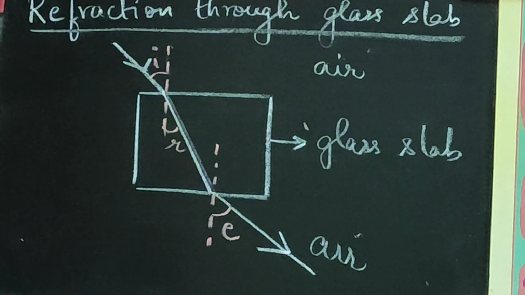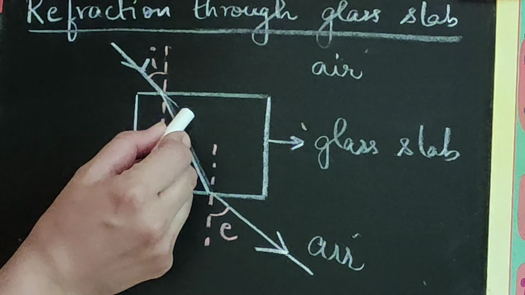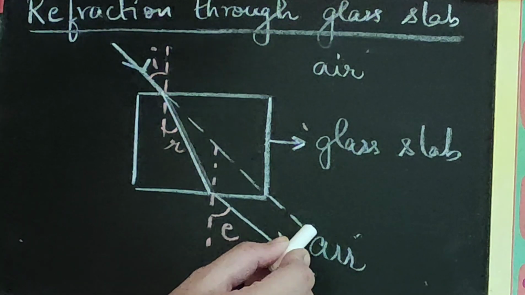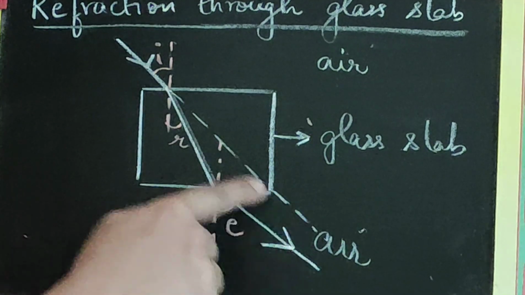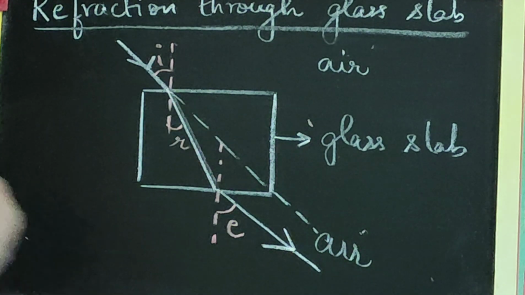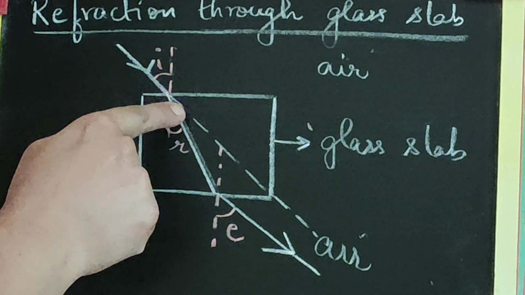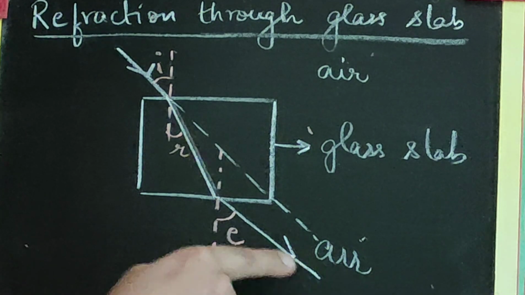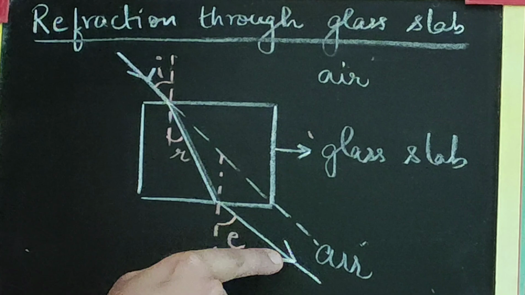Now looking at the ray diagram, we can clearly see that the light ray has shifted from its actual path. This dotted line here is representing the incident ray which would have travelled in this path if the glass slab was not here. Since there was a glass slab in between the path of light, it has deviated from its original path due to refraction of light, and this is now the actual path followed by light.